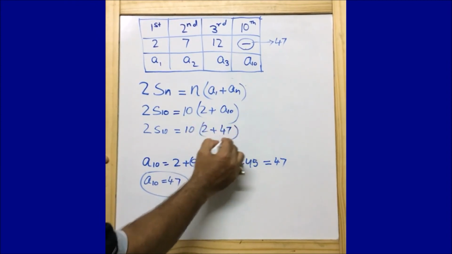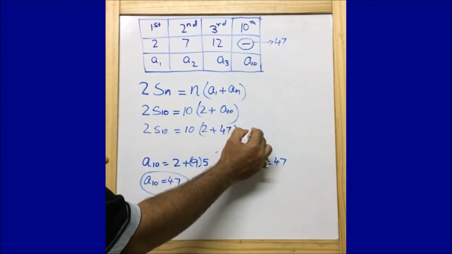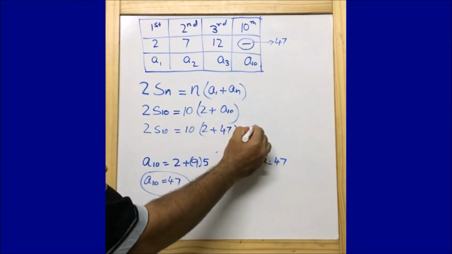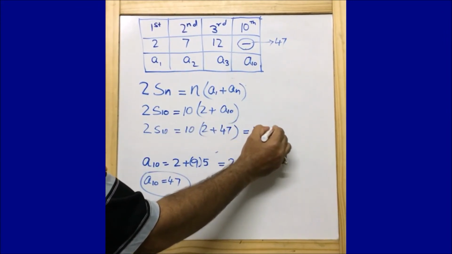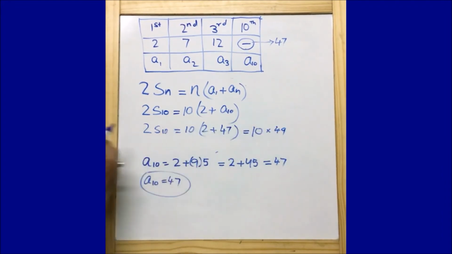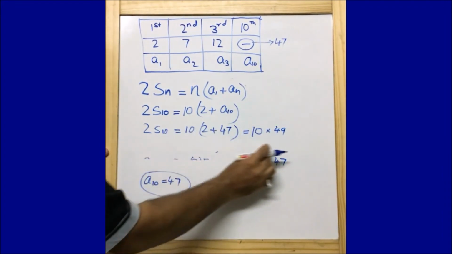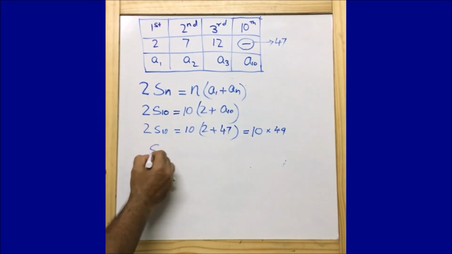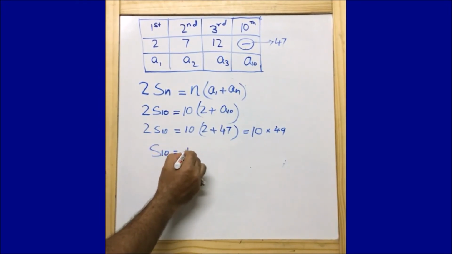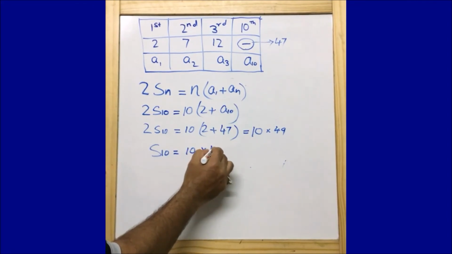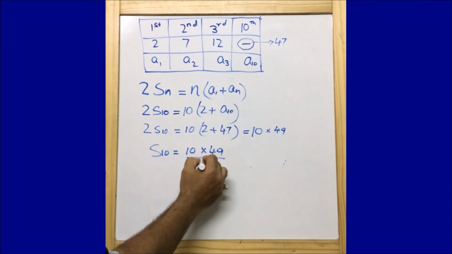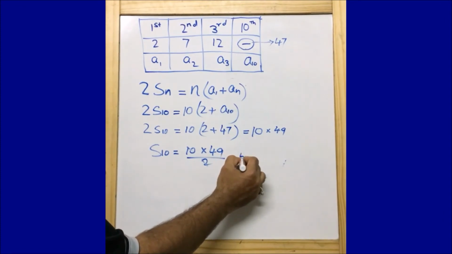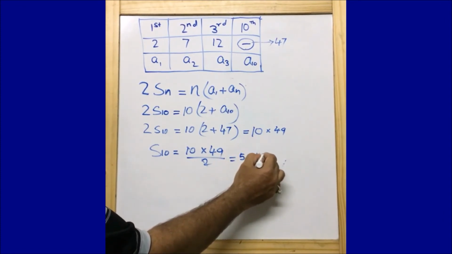That is equal to 10 into 49, or I can write S10 is equal to 10 into 49 by 2. So this will cancel off and I am getting 5 into 49.